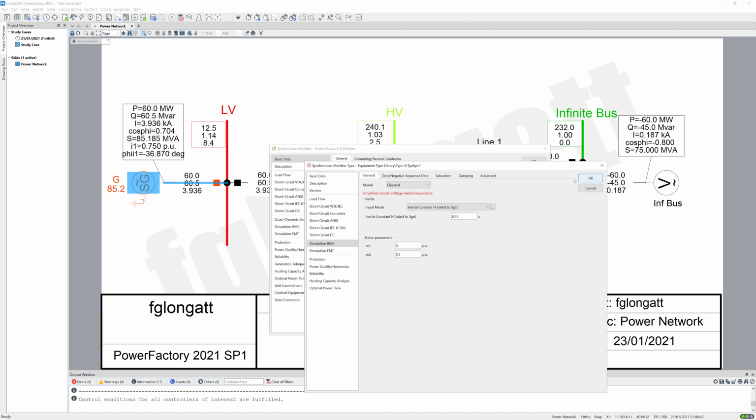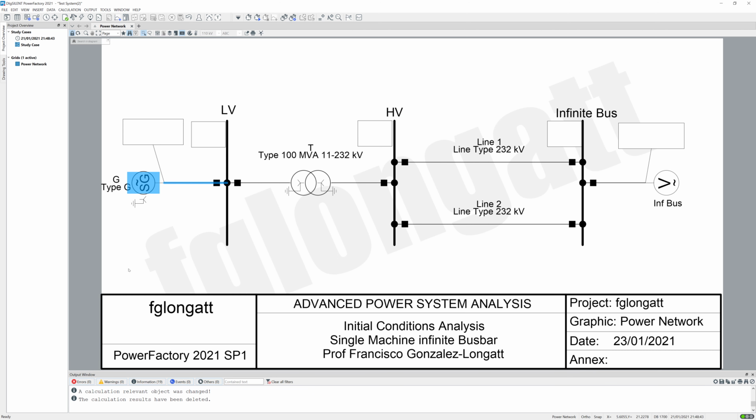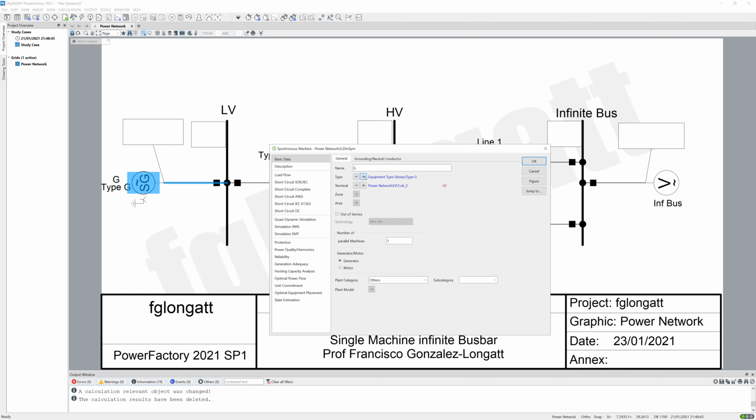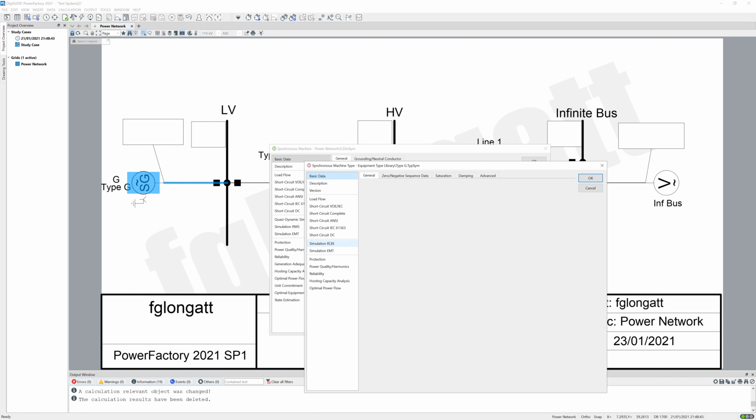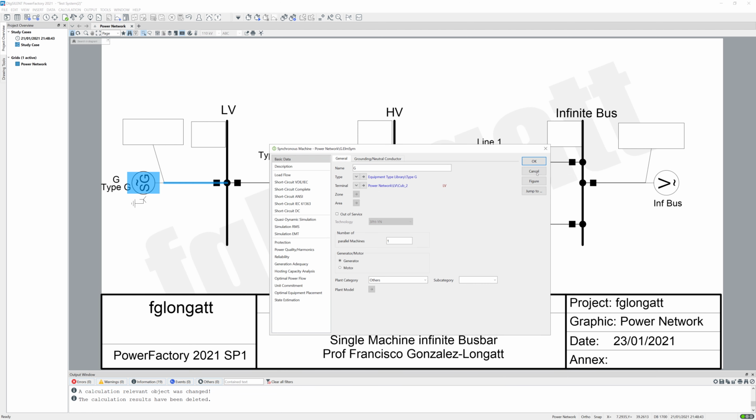From there, well, we are done. Now we have the data: we include the inertia constant and we include the D-axis reactance, okay?